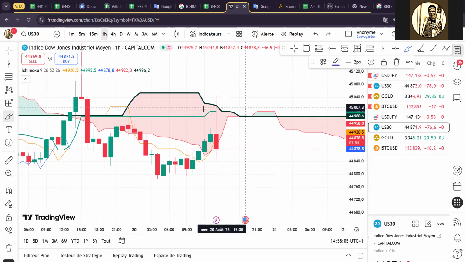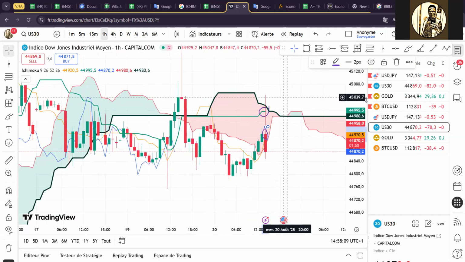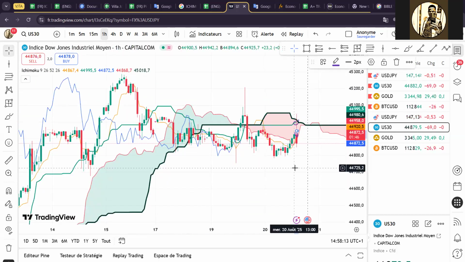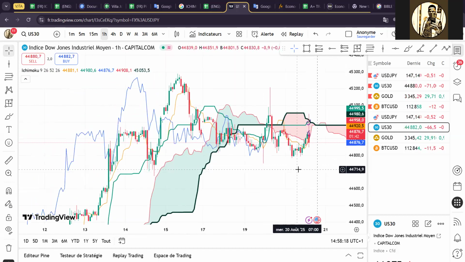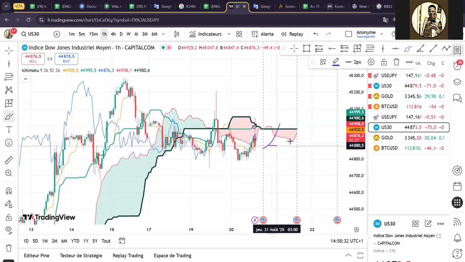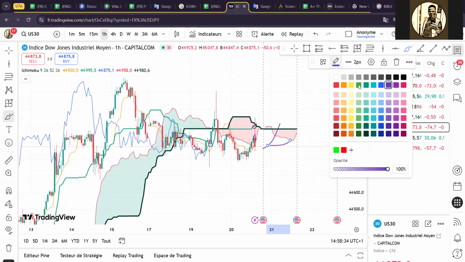In the present moment, Kijun and Tenkan are both inside the cloud. The cloud is like this, but Tenkan is not above Kijun.